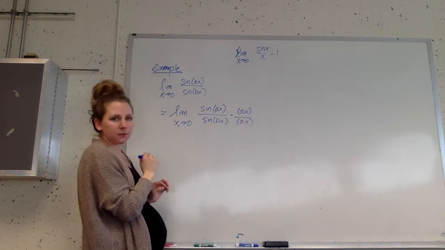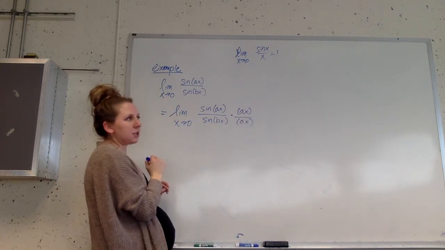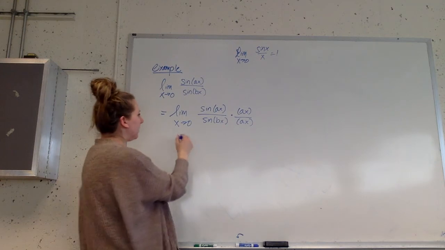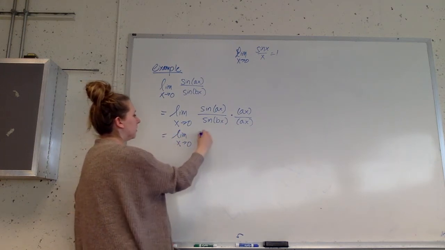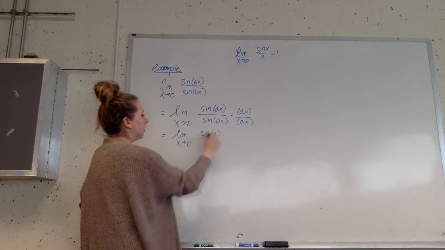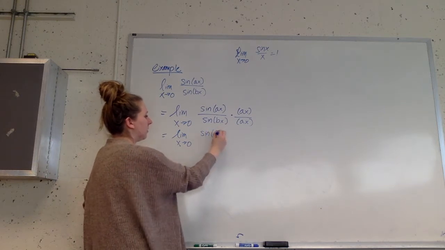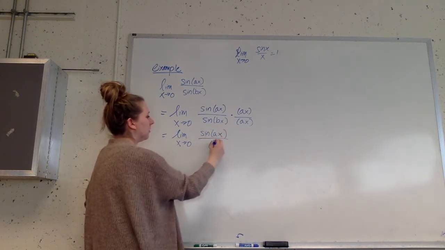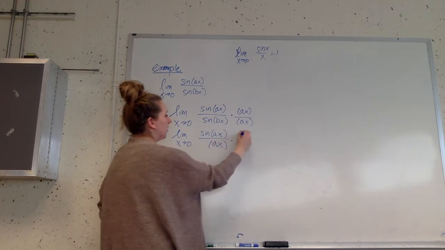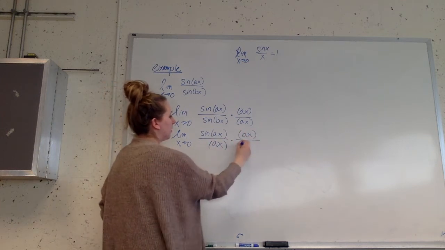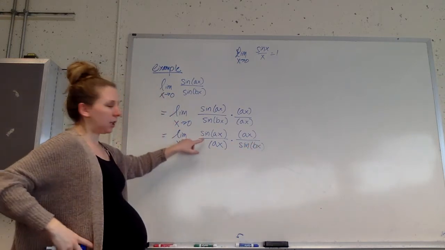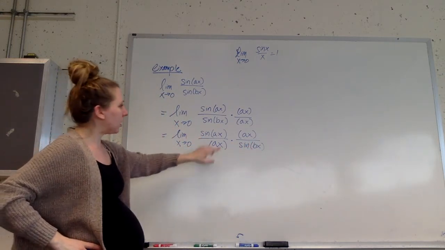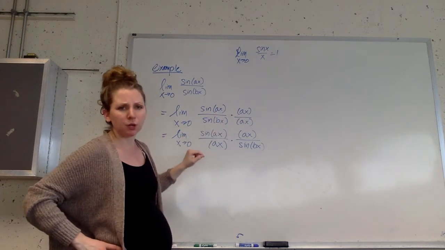Okay. So if I do that, and I rearrange things slightly, okay, so here notice that now I've rewritten it. All I've done is rearrange the order a little bit.